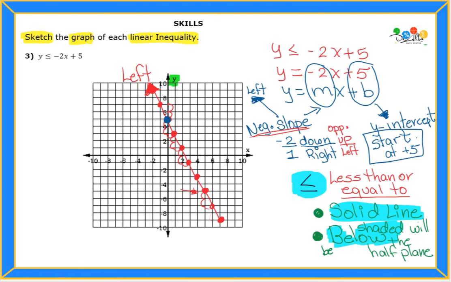Do you see where I'm going? I'm going below positive 5. Okay, so my shaded region will be right there below that number. So this will be my answer right here.